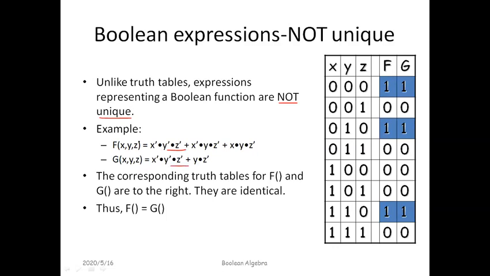These two functions give us the same output for the same input combination. So it implies that they are identical. They are identical, but they look different. Okay. So from the truth table, we're able to tell that indeed these two are identical.